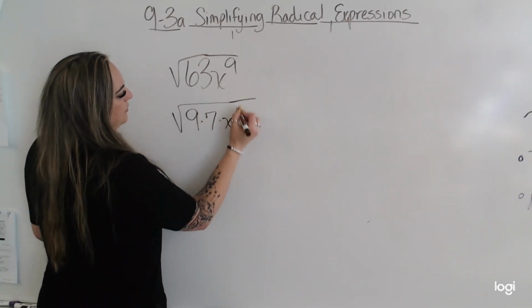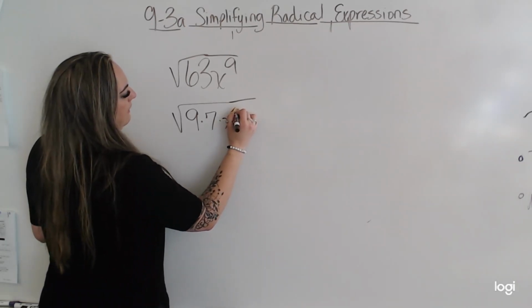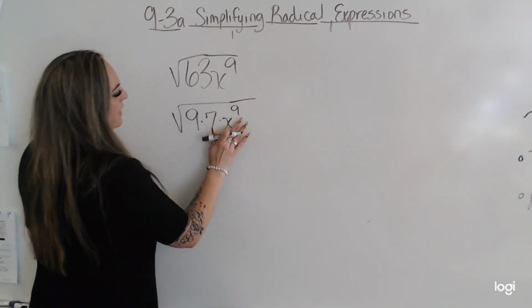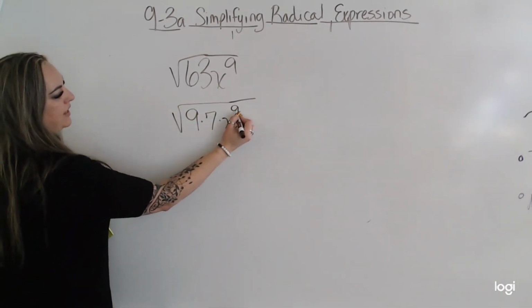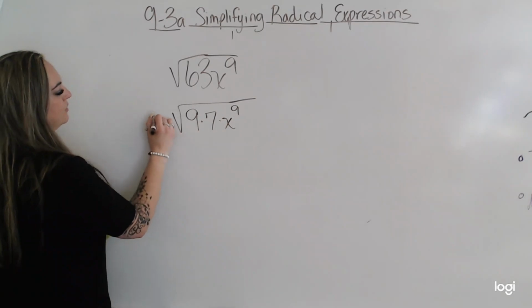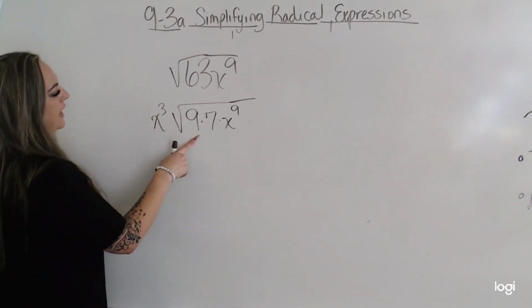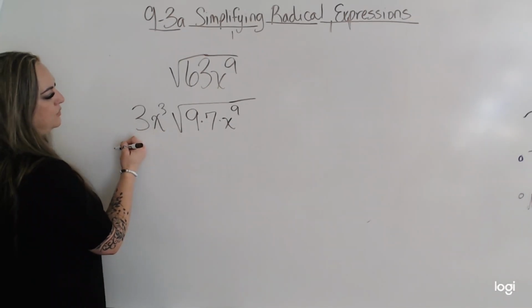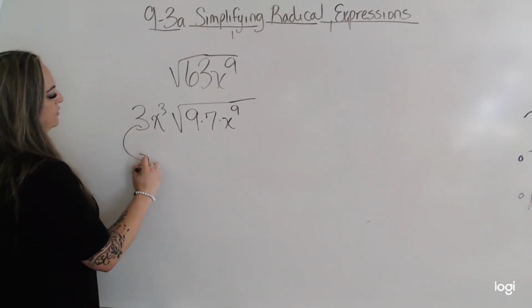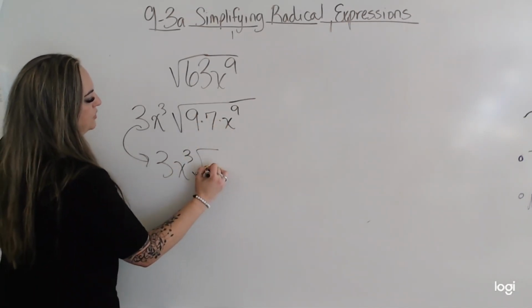So 9 is a perfect square, so we can just leave that there for now. We're going to pull these out. So take the square root of x to the 9th, you get x cubed, and then the square root of 9 is 3, so you're left with 3x cubed times what's left, which is just your 7.